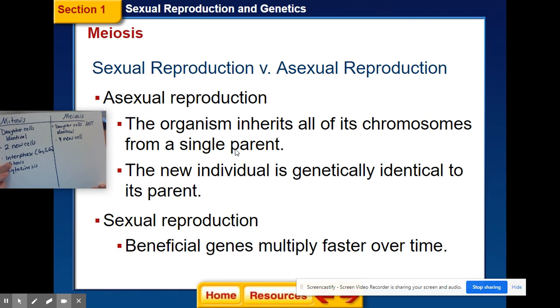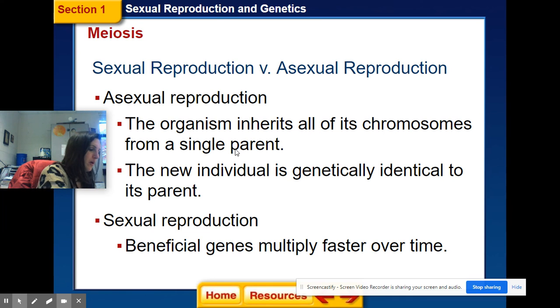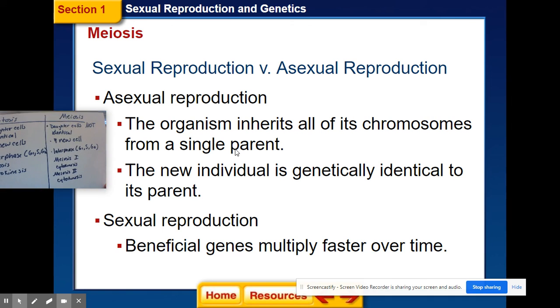All right, our phases, we said interphase, mitosis, cytokinesis. Over here, we still do interphase. We still do G1, S, and G2, but then we do meiosis 1, sorry, I can't write and talk at the same time, okay?